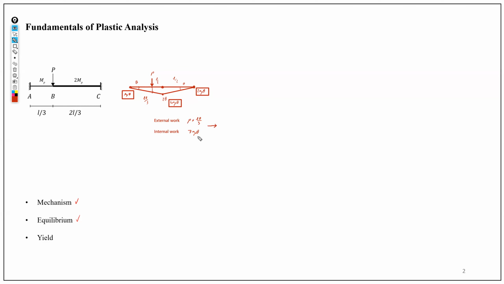By setting these two numbers equal to each other, we will get the P corresponding to this mechanism, the maximum P corresponding to this mechanism. It will be 21 Mp over L. Having obtained this maximum force, we can find the internal actions also for this mechanism at this maximum force. Let's find them.